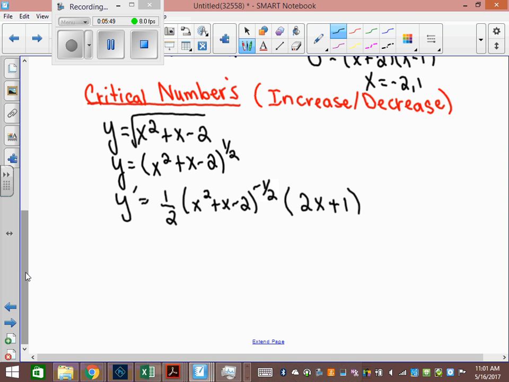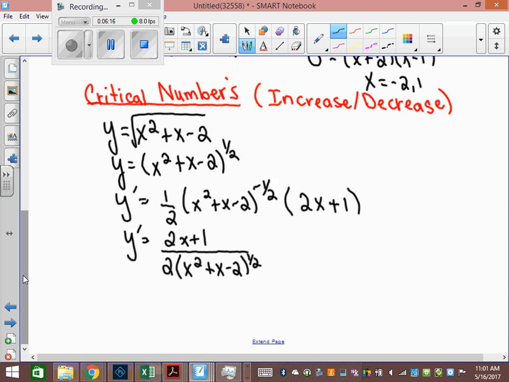If I rewrote this with positive exponents, I'd have 2x plus 1 on the top, and then 2 times x squared plus x minus 2 to the 1/2 on the bottom. And that's it for the first derivative.